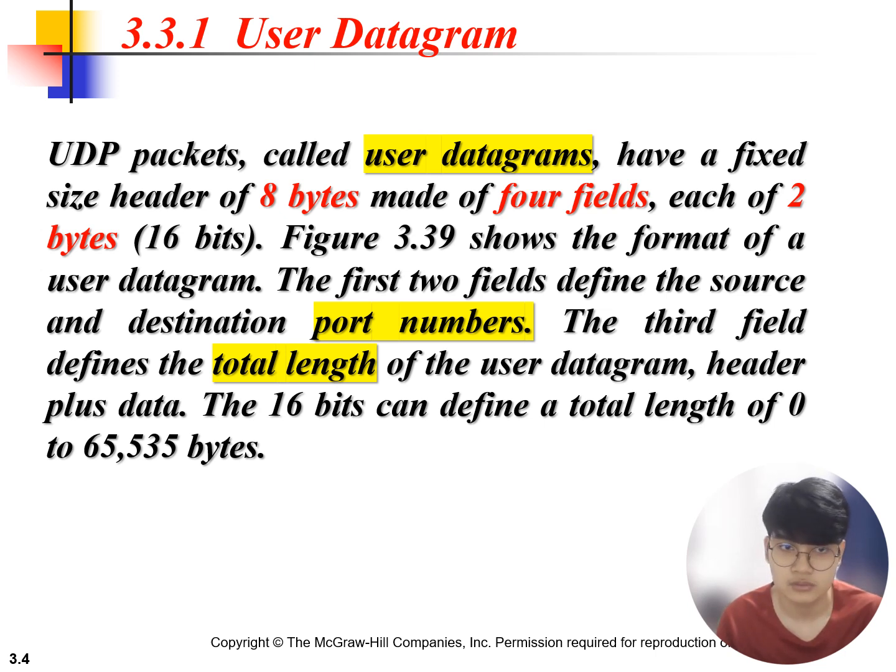The third field defines the total length of the user datagram, header plus data. The 16 bits can define a total length of 0 to 65,535 bytes.